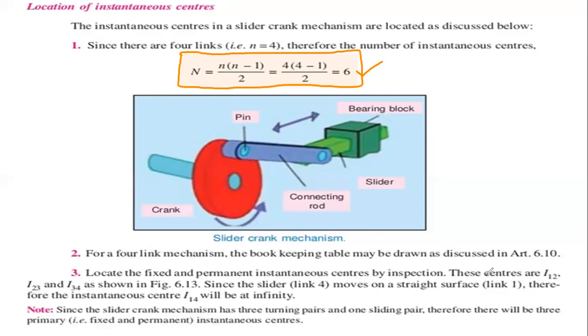So therefore we got the 4 links, and since the slider crank mechanism has 3 turning pairs and 1 sliding pair, there will be 3 primary instantaneous centers, that is, the fixed and permanent centers, and the remaining will be 3 instantaneous centers.